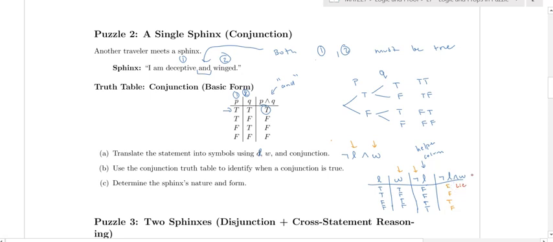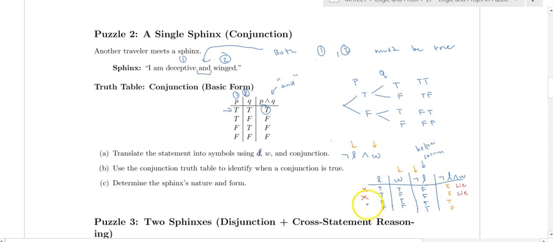But we know that a logical winged Sphinx would never lie, and therefore we can eliminate possibility 1. Same goes for row 2, because again, we have a logical wingless Sphinx telling a lie. And we cannot have that because logical Sphinxes always tell the truth. So we know this has to be a deceptive.